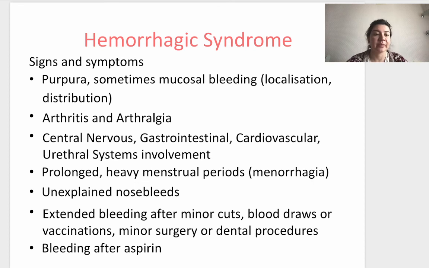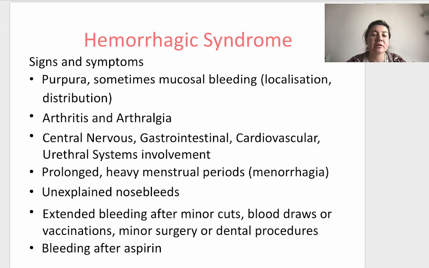Hemorrhagic syndrome: signs and symptoms. Most typical signs and symptoms are purpura, sometimes mucosal bleeding, with different localization and distributions. Moreover, not just bleeding and purpura, arthritis and arthralgia are typical due to, first of all, hemorrhage, bleeding in the joint.